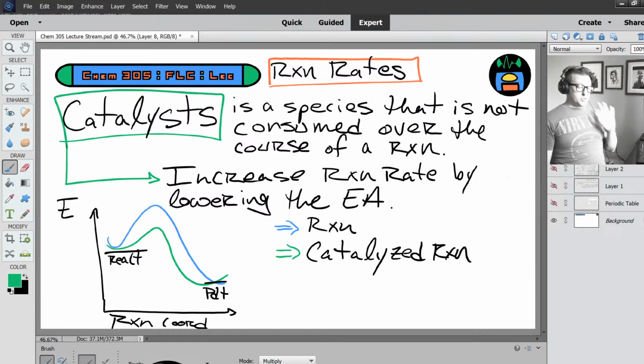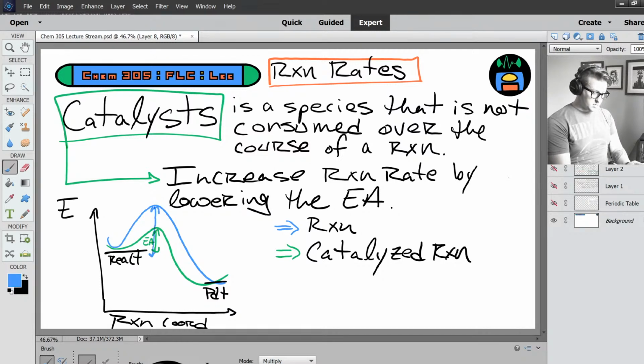All right, but you'll notice that the energy of activation is much smaller for the catalyzed reaction than it is for the uncatalyzed reaction. So catalyzed reactions are faster because they have a smaller activation energy, but they start at the same reactant, produce the same product.